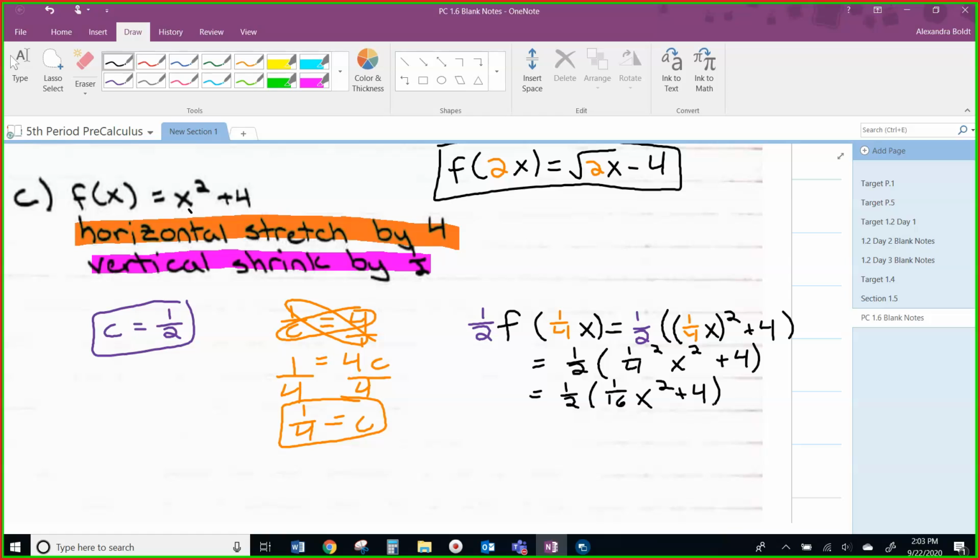It's going to the 1, the 4, and the x. 1 squared, 4 squared, x squared. Then I just need to distribute in, so I have 1/2 times 1/16 x squared, which is 1 over 32 x squared. And 1/2 times 4 is +2.